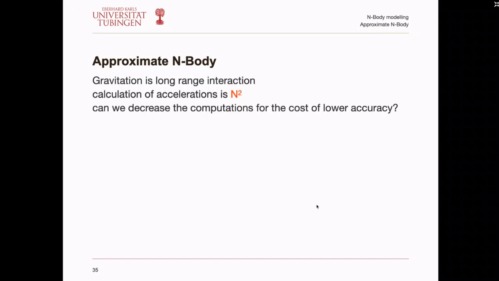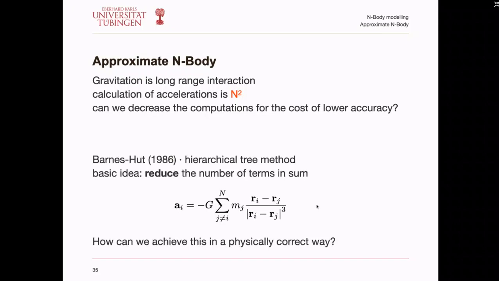Then there was a famous paper from Barnes and Hut in Nature from '86, where they came up with the idea of a hierarchical tree method to reduce the number of terms in this sum to calculate the acceleration of one particle, one body i, in a sea of n particles.